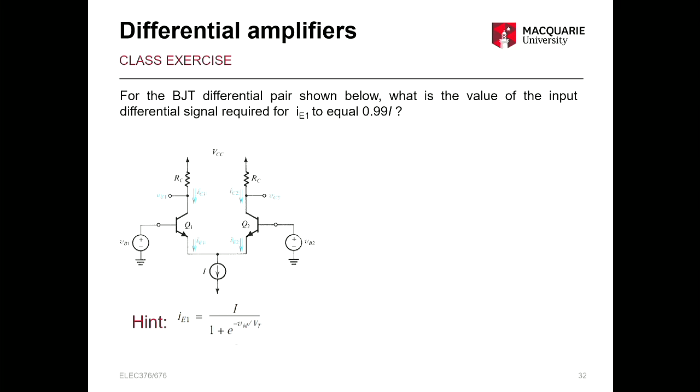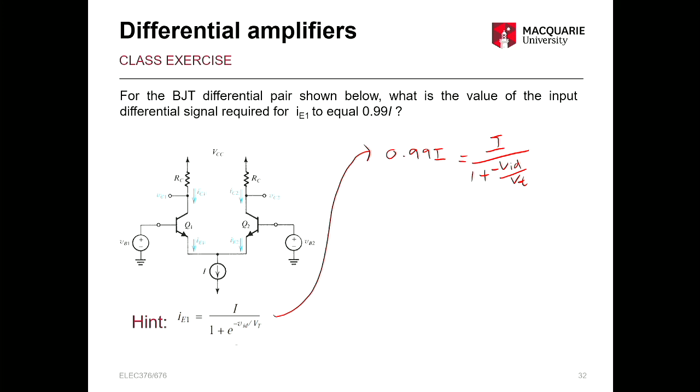So just using this expression here. Now we know we want IE1 to equal 0.99I. So we can say straight away the left side of that is 0.99I, equal to I over 1 plus the exponential. Okay, you can see that I's cancel out. Just divide by I both sides.